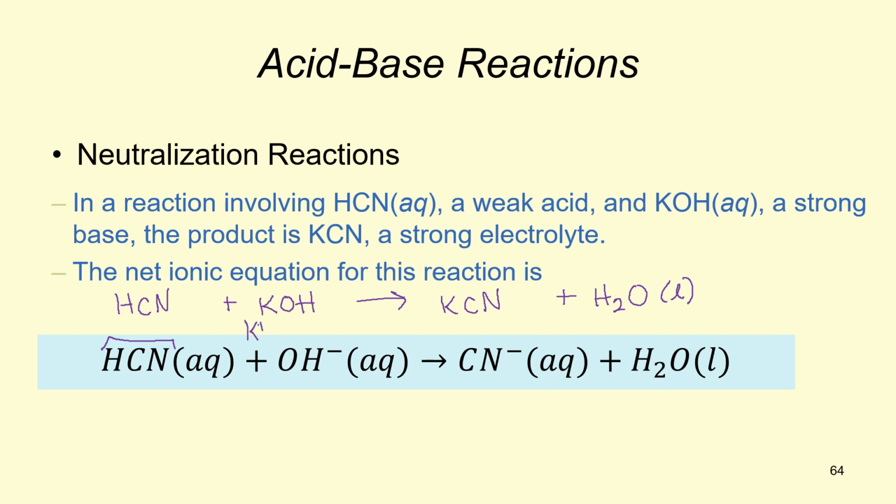KOH will be K plus OH negative. KCN, which is soluble, will be K plus CN negative. And then the H2O. So you can see what's happened is the K plus has canceled out. So this is my net equation for a weak acid which sticks together. And again, the H plus has moved from HCN to OH negative.